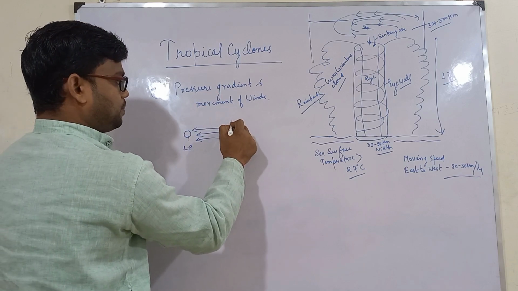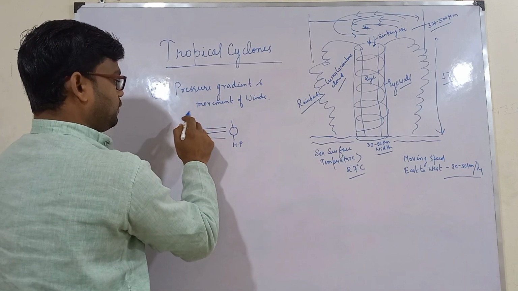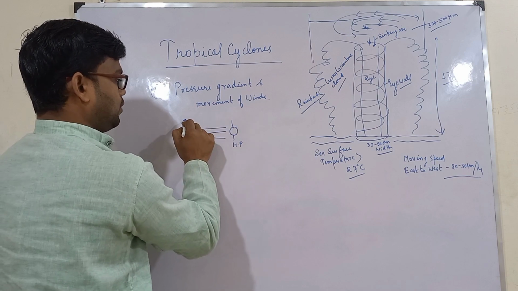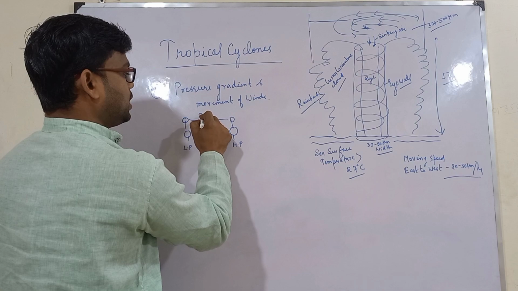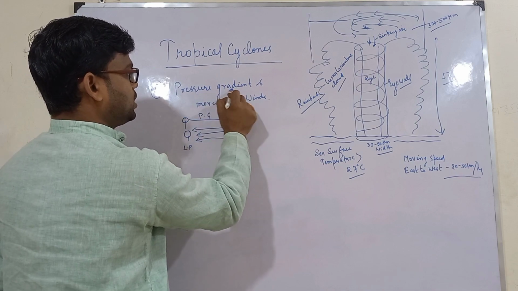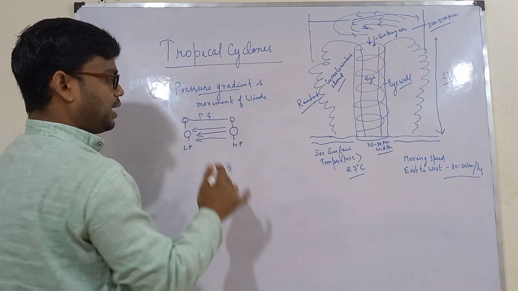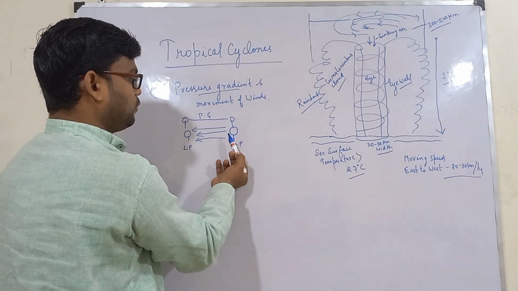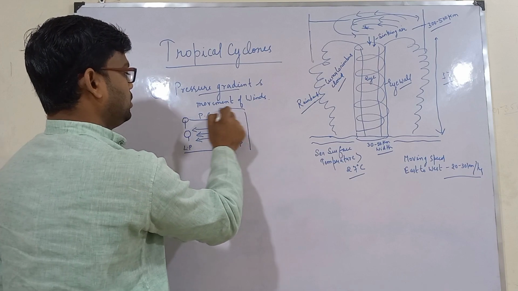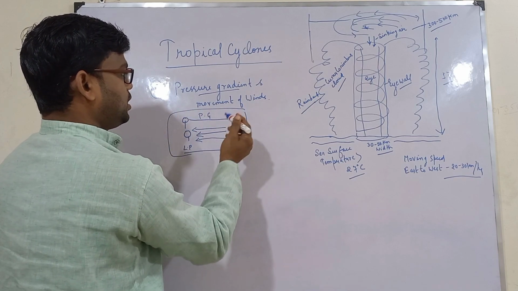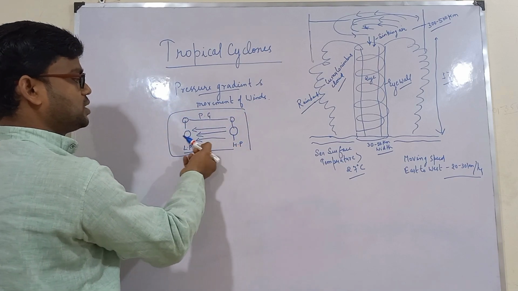Means if there is a difference between the pressure of 2 points, there will be a pressure gradient, PG, between these 2 points, and the movement of wind will always be from high pressure to low pressure. Remember this first point, pressure gradient and movement of the wind from high pressure to low pressure.